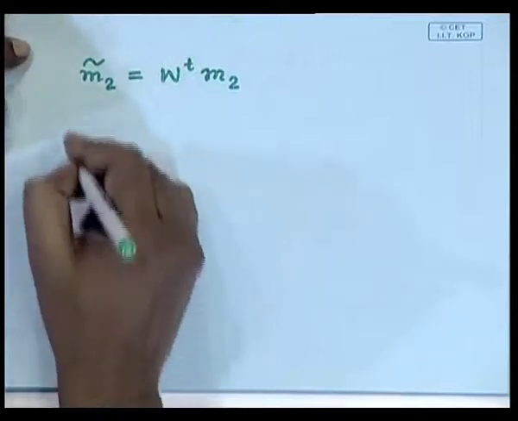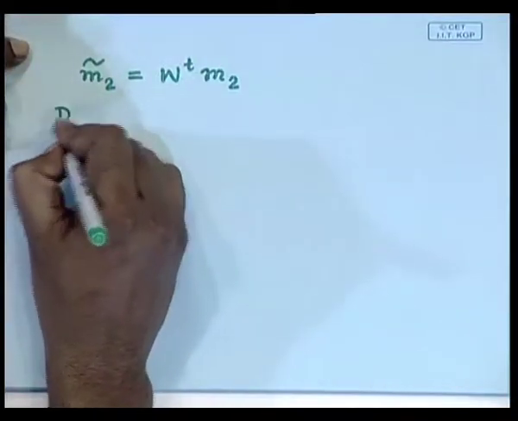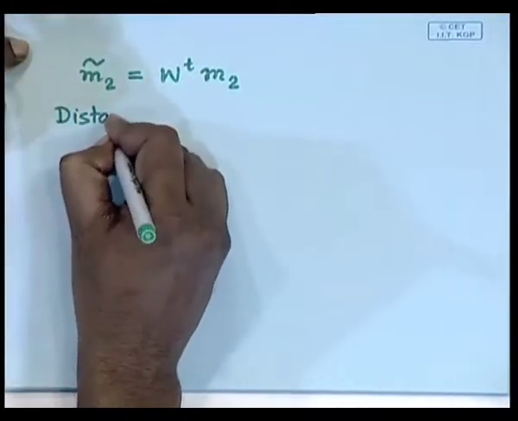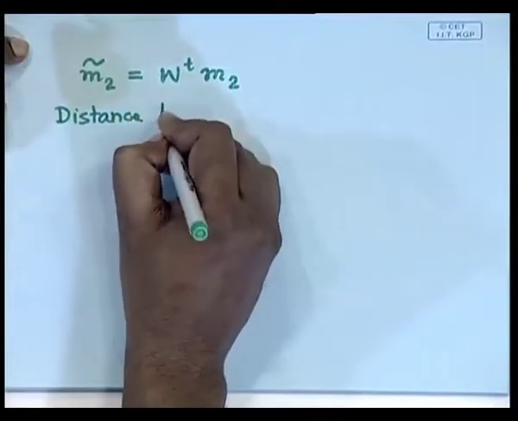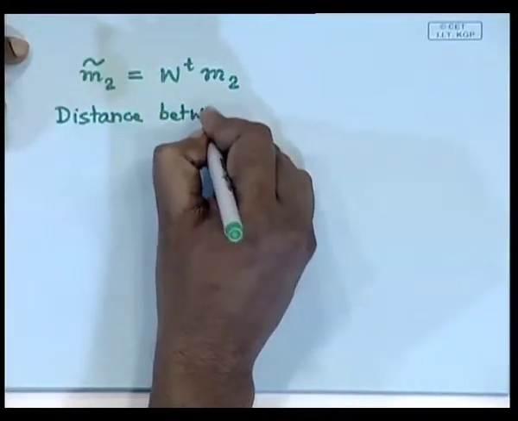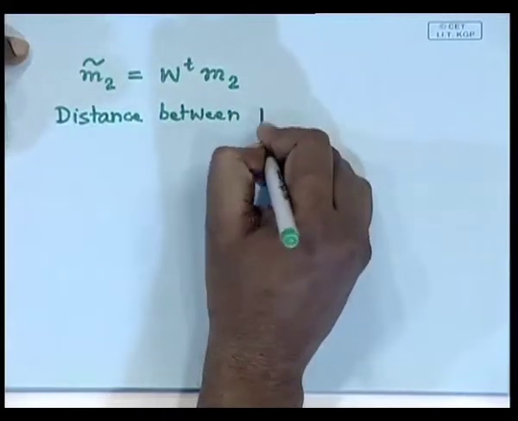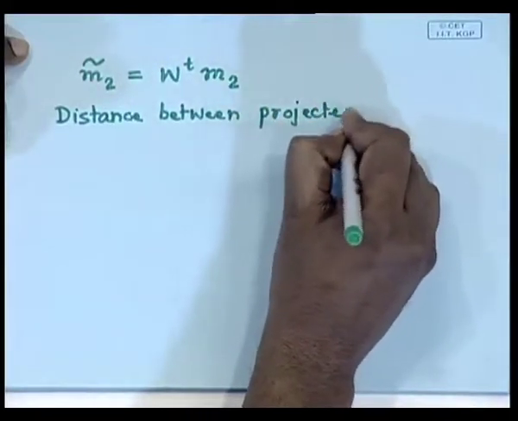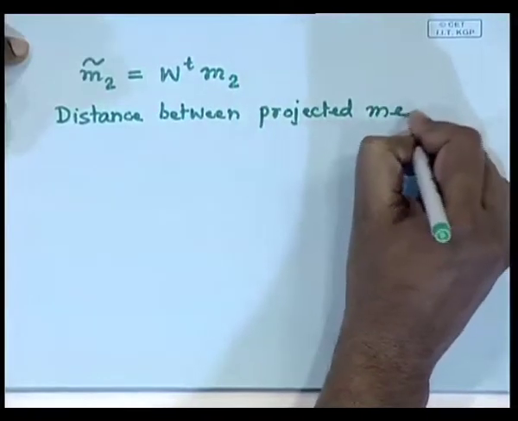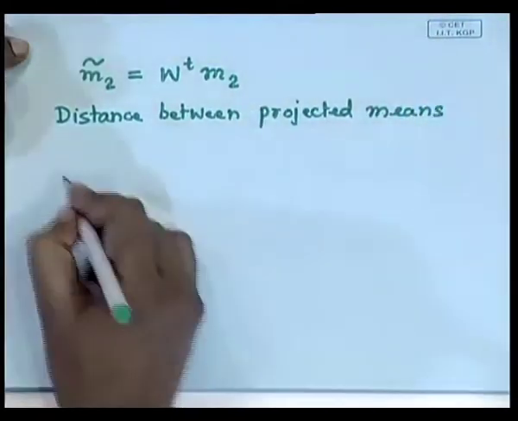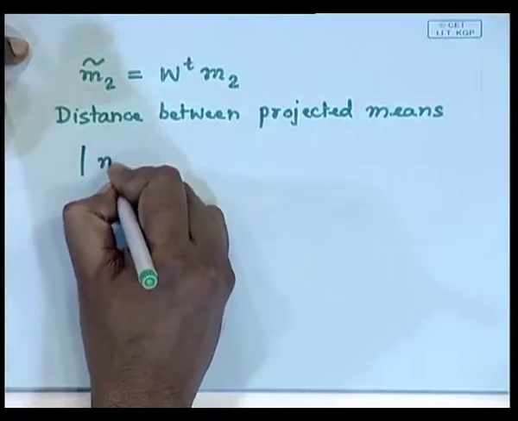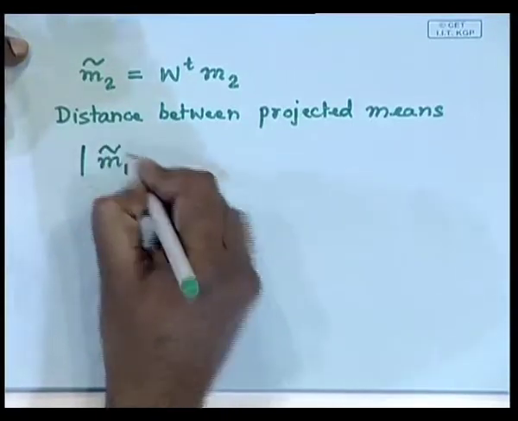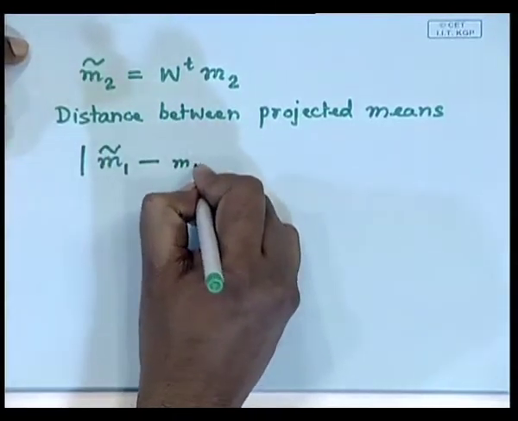That is the mod of M 1 tilde minus M 2 tilde.